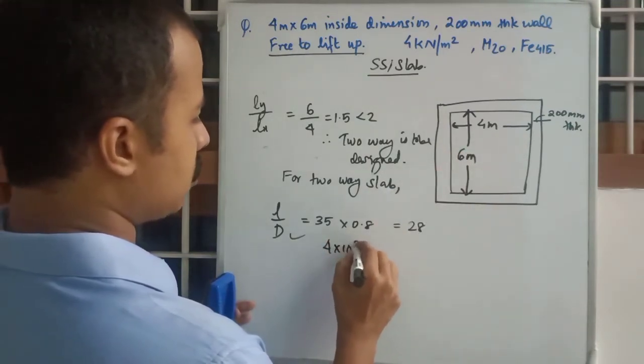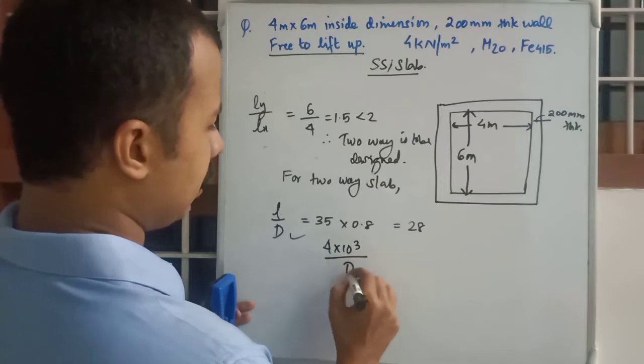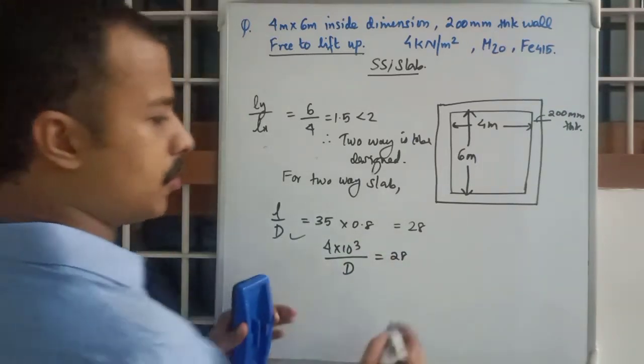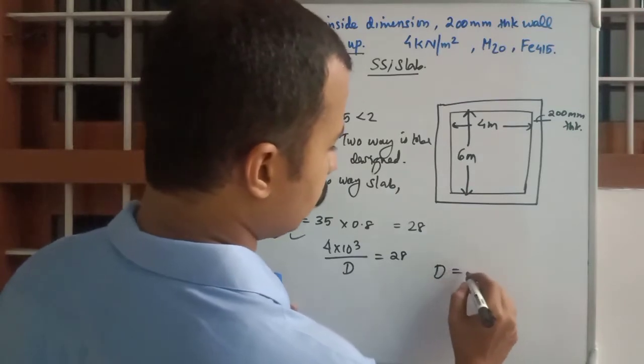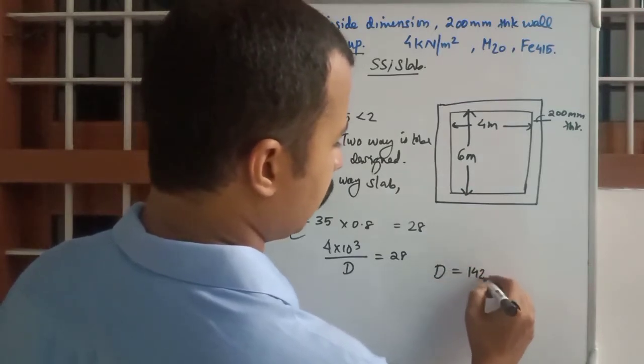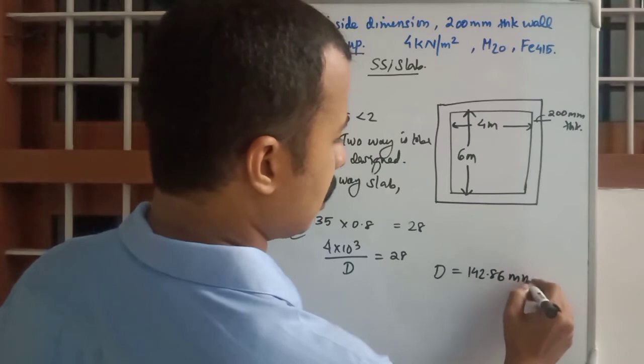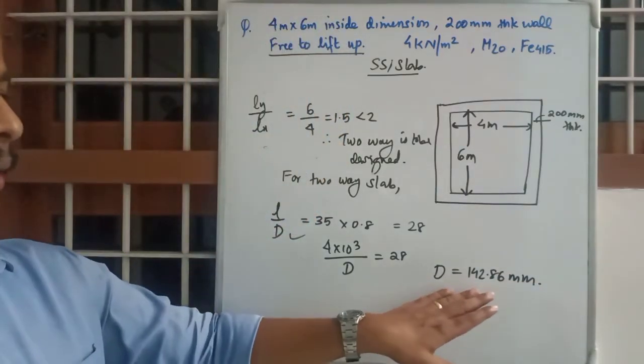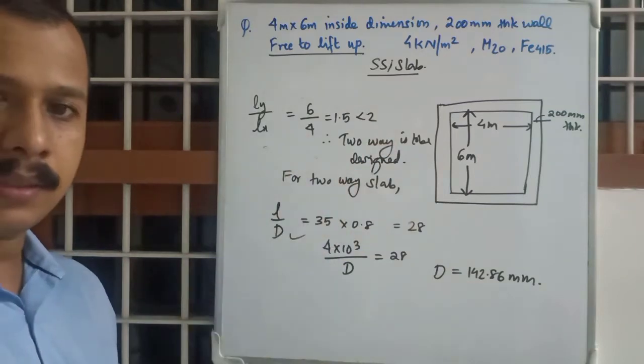So 4 into 10 raised to 3 divided by D is equal to 28, and you will get D equal to 142.86 mm.